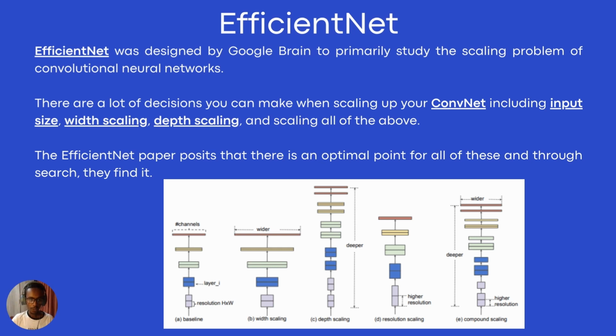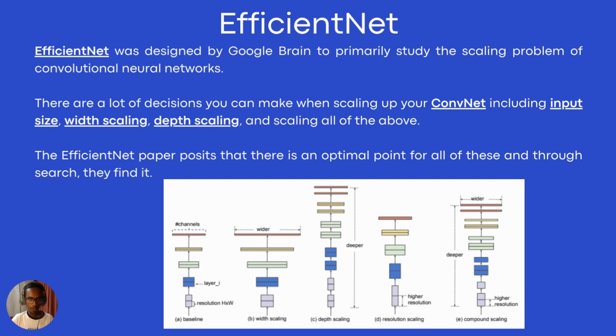Overall, if you use a higher resolution image than a lower resolution image to train your network, you'll have higher performance. The second was that they can increase the width. Increasing the width might mean increasing the number of channels. And the depth means you can make your network deeper.